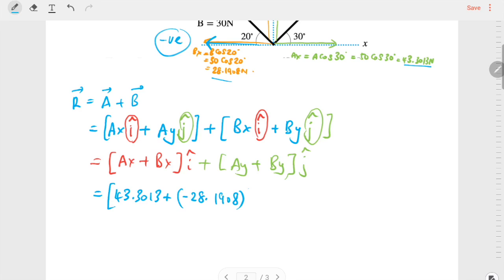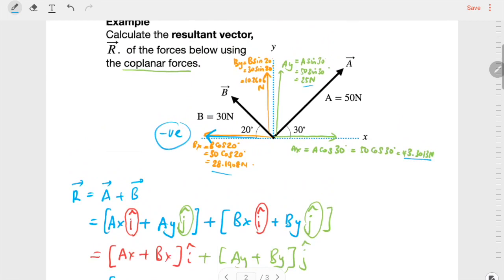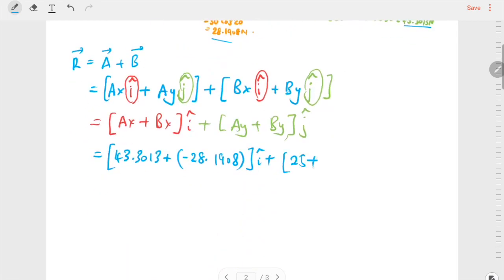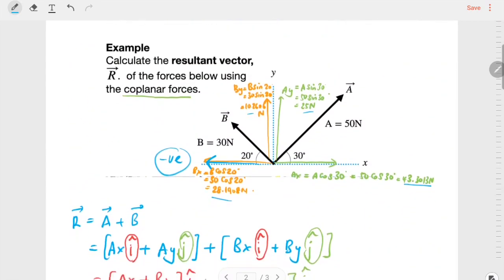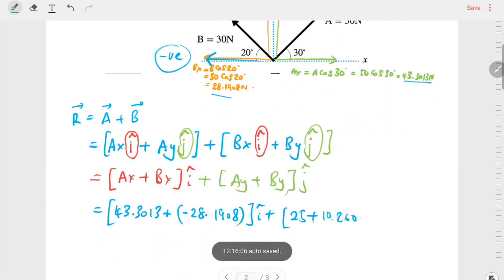So that is why the BX is represented as negative 28.1908. So next time when you're solving this kind of equation, please take note of the direction of the vector. For the magnitude along the y direction, it's quite straightforward because both are in the positive y direction. So that is why you just keep the magnitude positive.